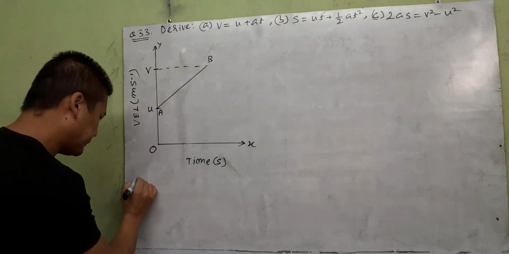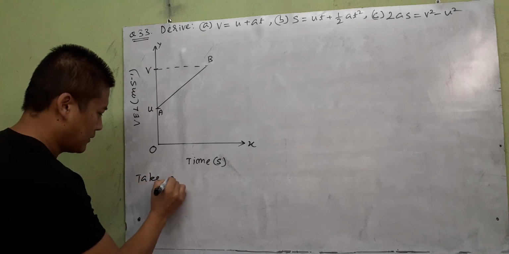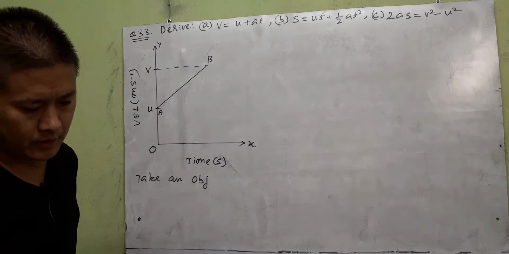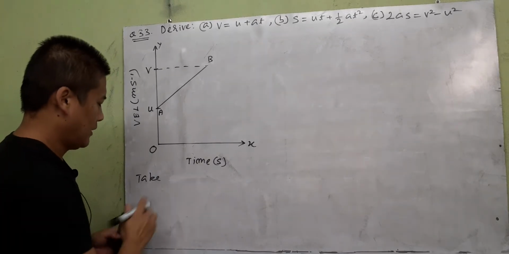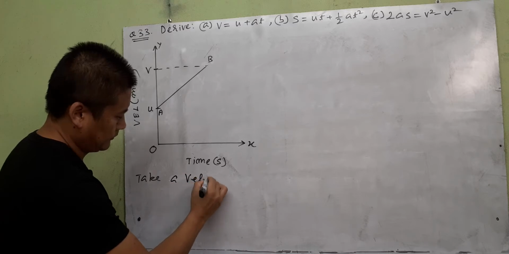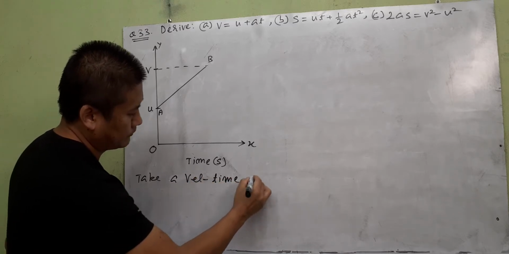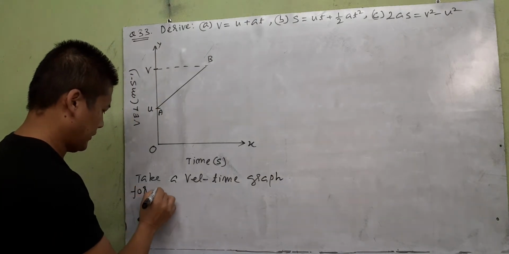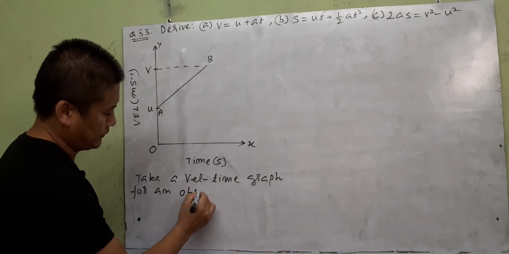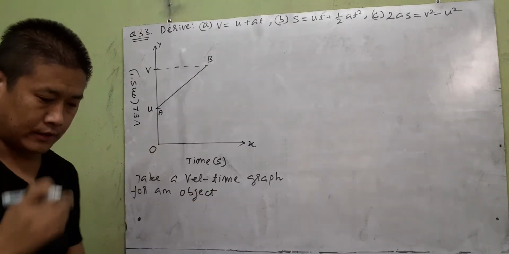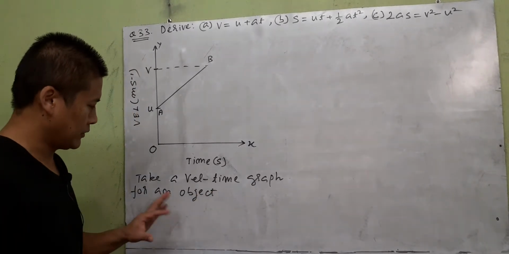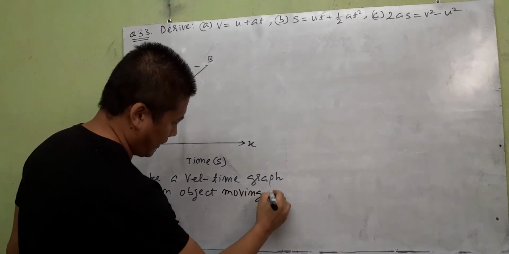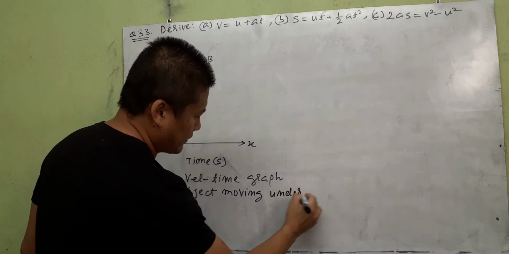So let us write down: take a velocity time graph for an object or body like a car, a vehicle, moving under uniform acceleration a. This is very important.